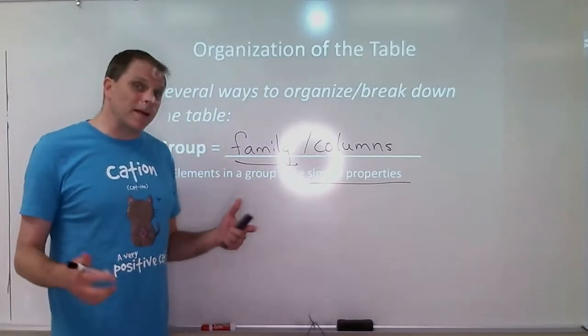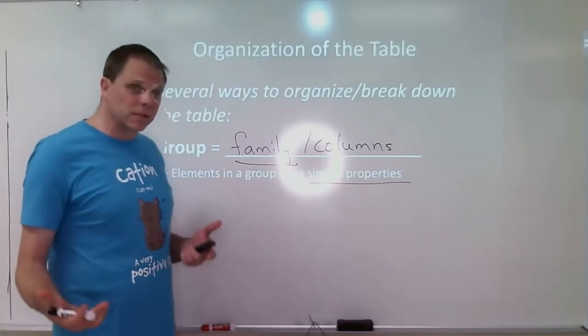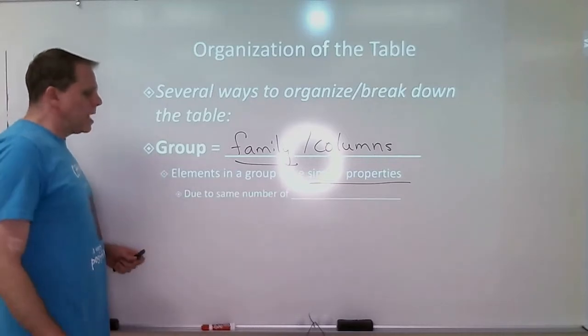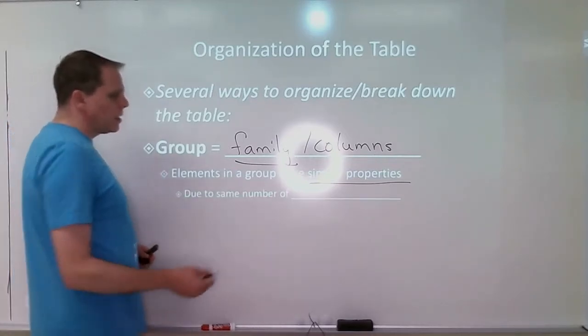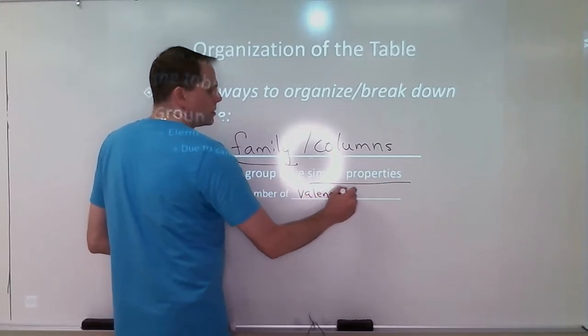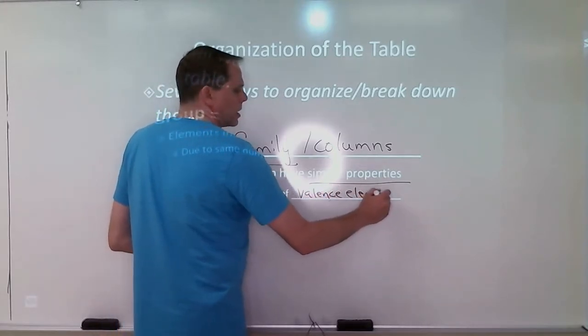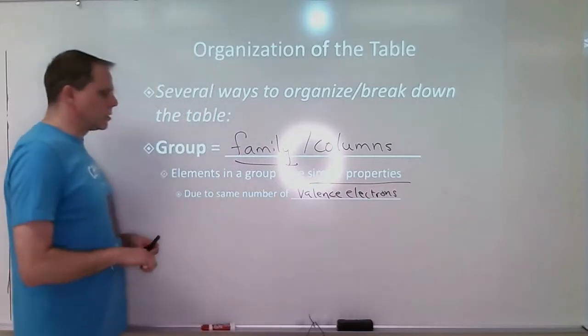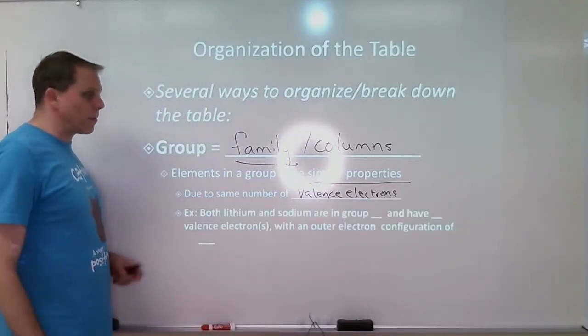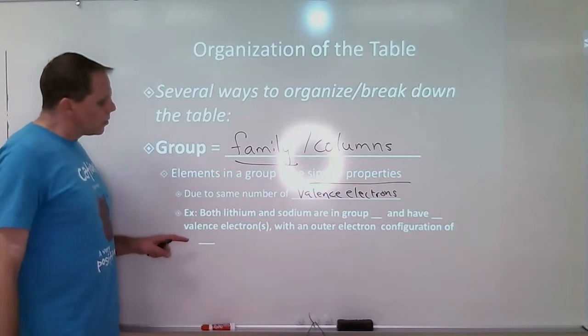People in a family have some similar properties, the way they look or some characteristics they have, some of their interests. Same thing with elements, okay? And the reason that they have similar characteristics is because of the same number of valence electrons. Okay, so the valence electrons determine those similar properties, the reactivity, for instance. We'll talk more about that, right? Electron configuration has to do with reactivity.